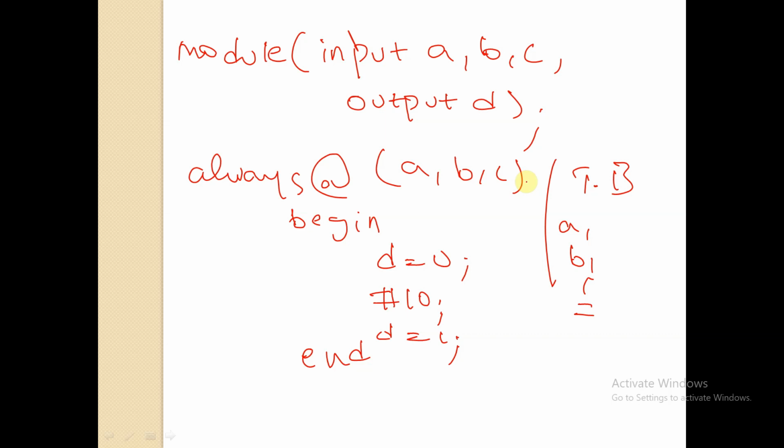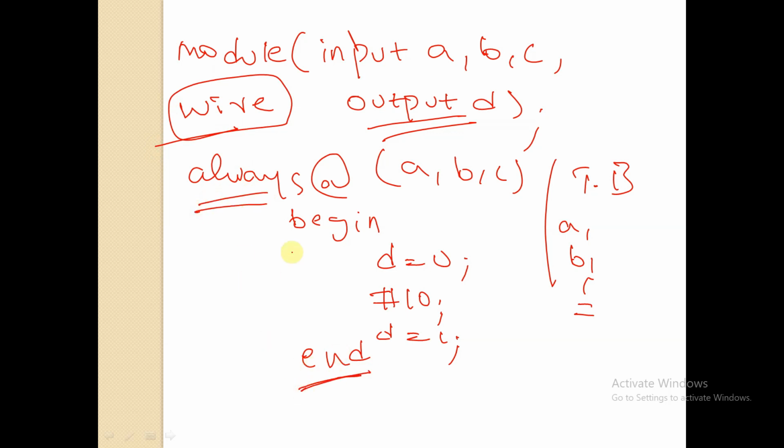I've declared D as output type, so D will be wire. The data type of D is wire, so we cannot use wires in procedural statements like always. So we will get a compilation error. We should be careful in this type of questions.